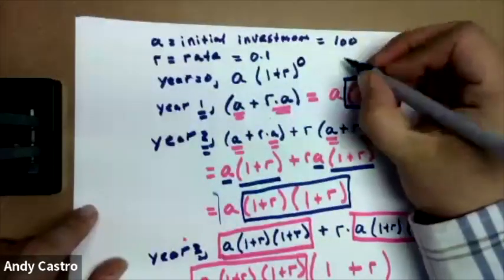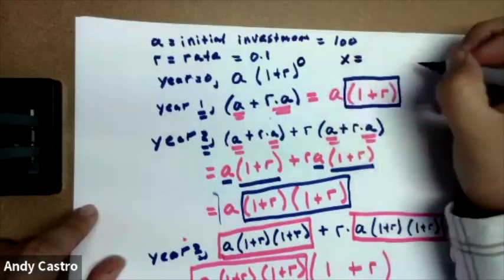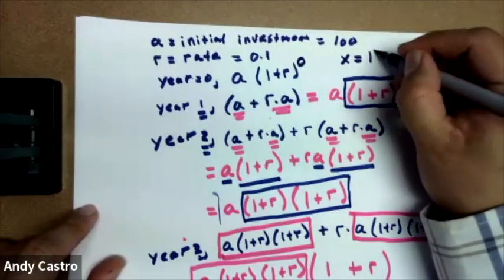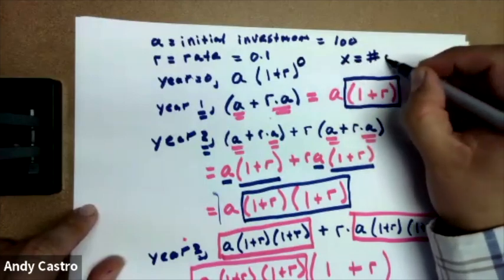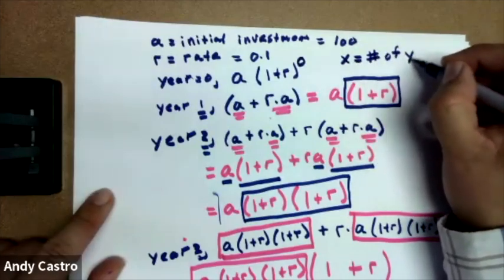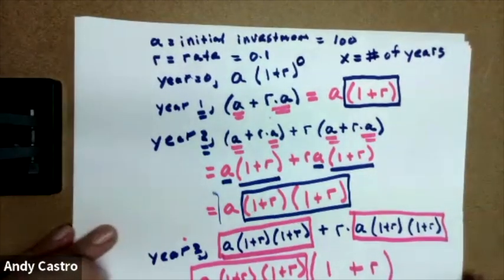Okay, so let's make x. Sometimes people will use t, that makes more sense. But just so that we understand how it goes on the graph, x is the number of years. So this is what the equation would look like.